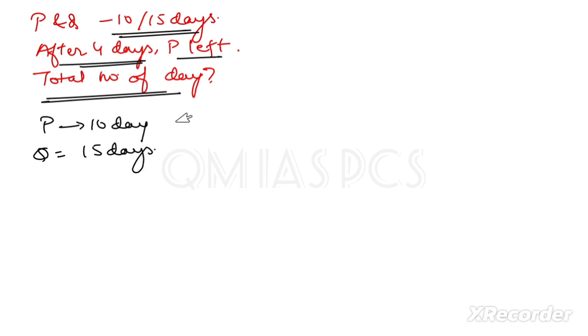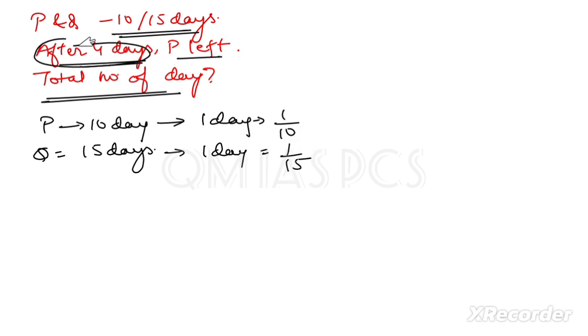In 1 day, how much part is done by P? It will be 1 by 10 part. For Q, in 1 day it will be 1 by 15. They have worked together for 4 days, so we have to understand how many parts are completed in 4 days. First we find how much is completed in 1 day, so we add 1 by 10 plus 1 by 15.